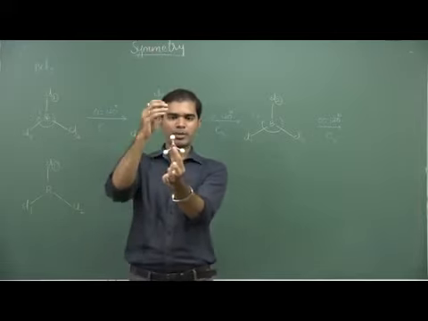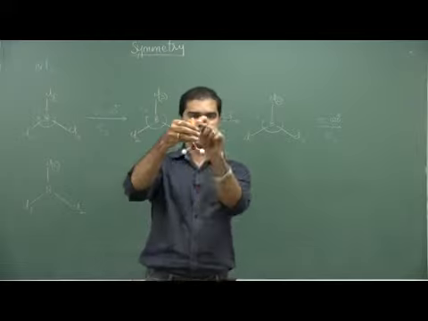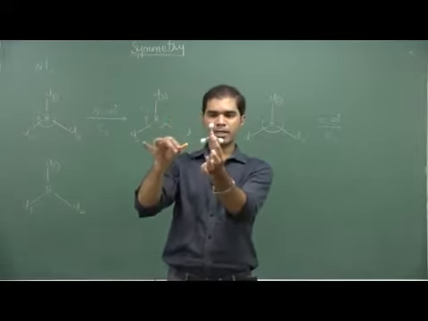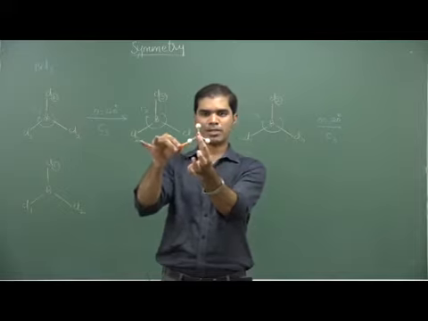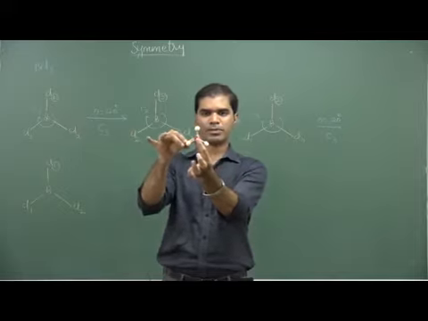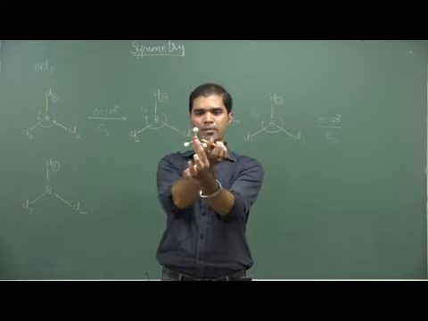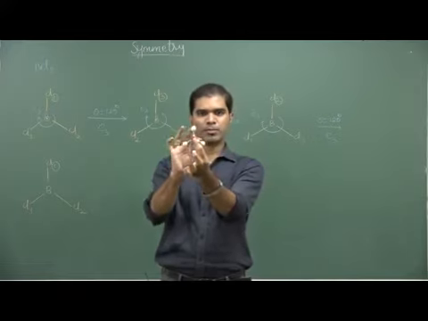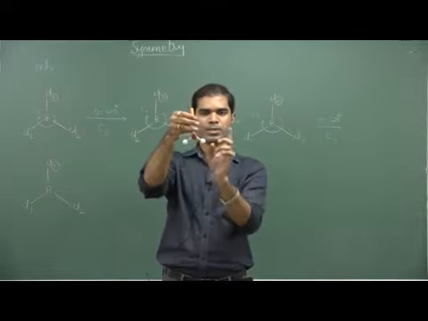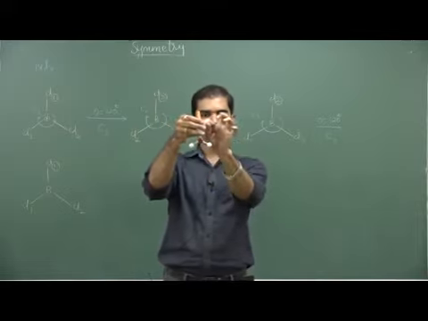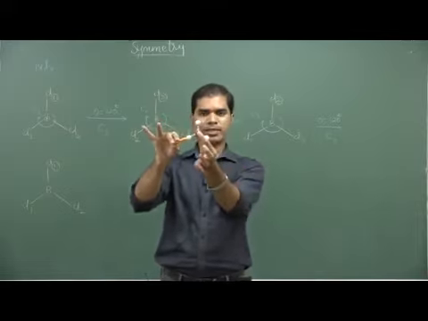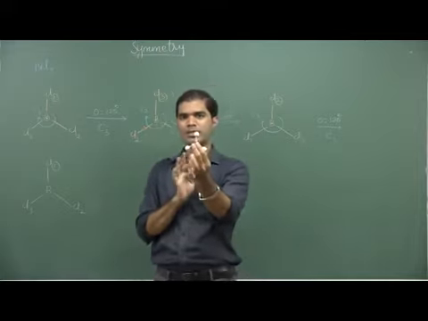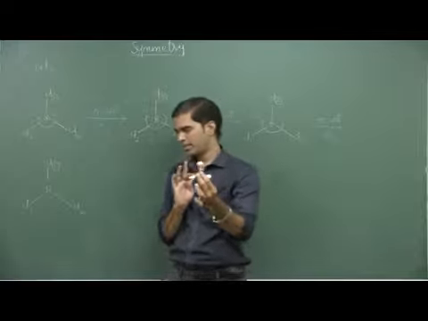So if I am able to pass a C2 rotational axis through one of the chlorines and the boron, certainly there can be a C2 through a second chlorine and boron, and a third chlorine and boron. It means there is a C3 from the boron, and also a C2 from one of the chlorines, the second chlorine, and the third chlorine. So there are 3 C2s and 1 C3. That is our conclusion.